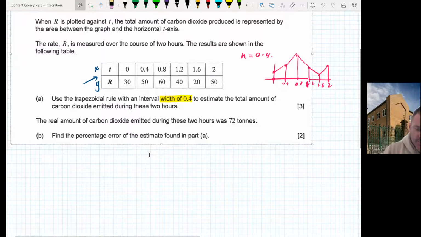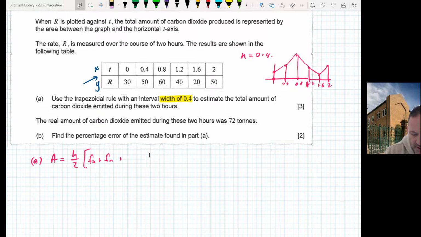But I just need to use my rule. Area equals h over 2, function of the first plus function of the last plus 2 times the functions of all the middles. That's it. We're being told that the height of each of these trapeziums is 0.4. It said it in the question, right? So it's nice and easy. Approximately equals 0.4 over 2.